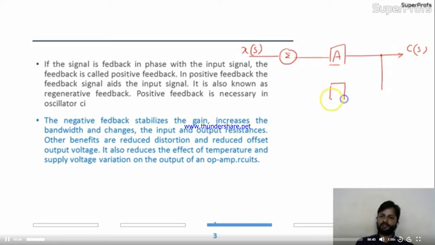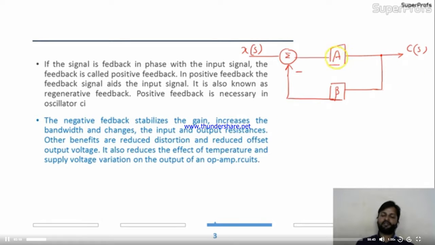Let's take the feedback circuit element beta. You are mixing it at the input stage, and this is minus because this is the negative feedback. So this is the block diagram representation of the op-amp circuit.